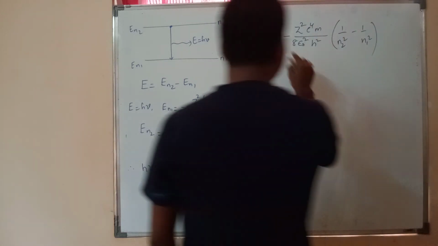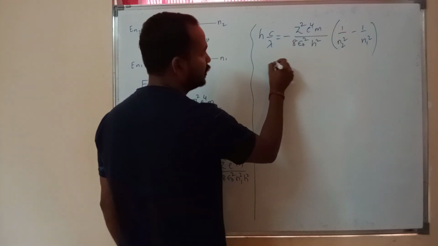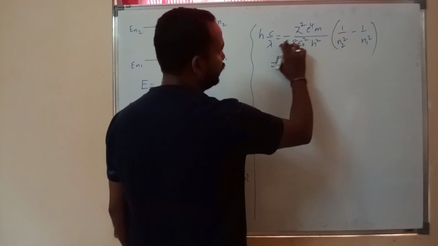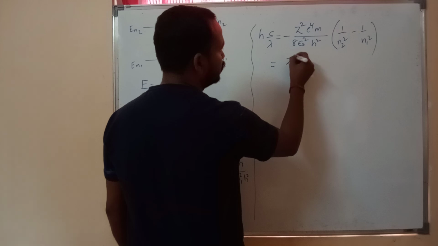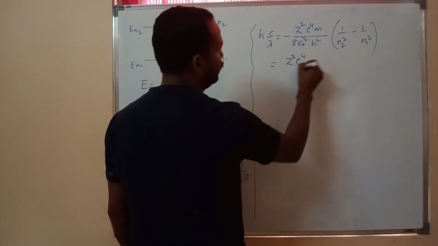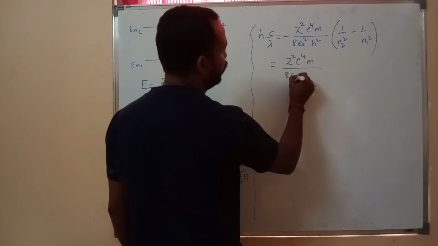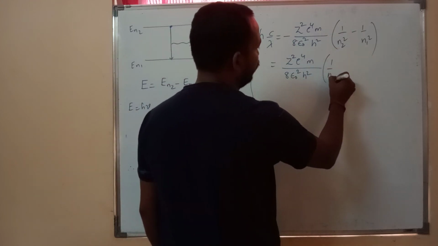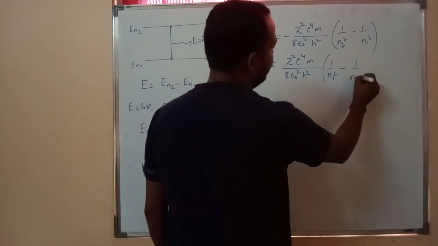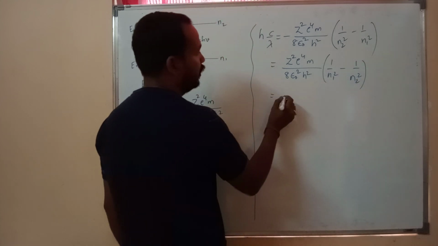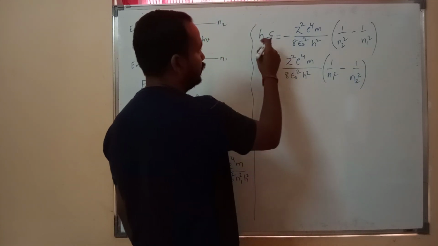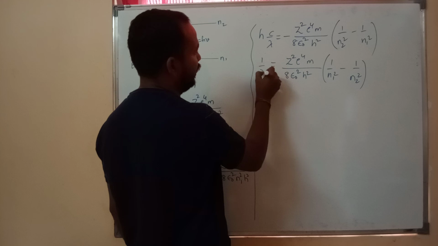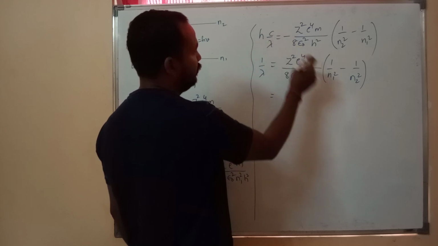Now I will take this minus inside, such that minus into plus is minus, minus into minus is plus. Therefore Z square e raised to 4 m upon 8 epsilon naught square h square, 1 by n1 square minus 1 by n2 square. Now here I take 1 by lambda and hc will be taken down here.